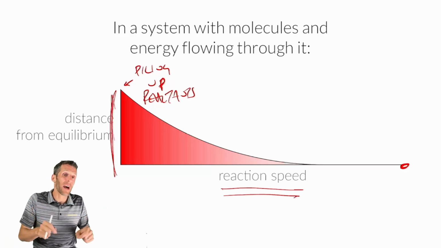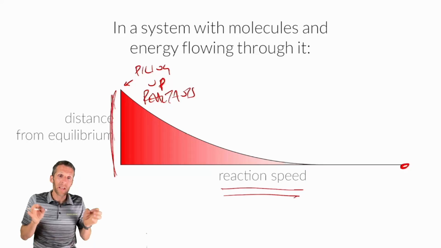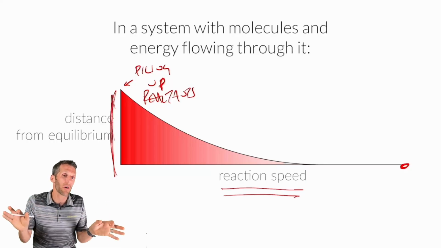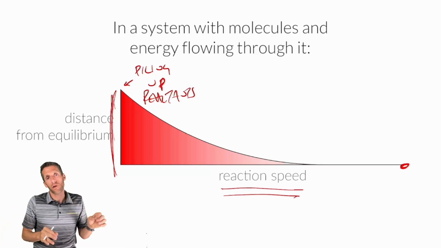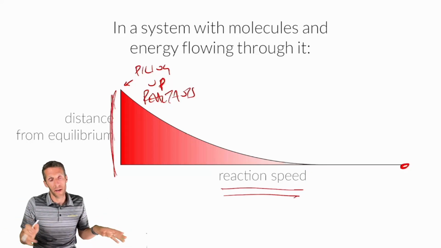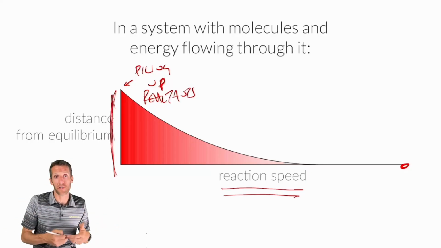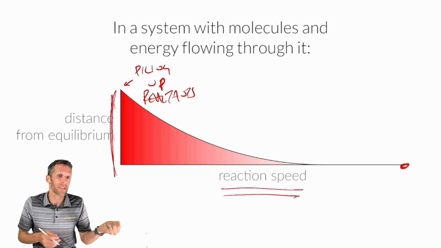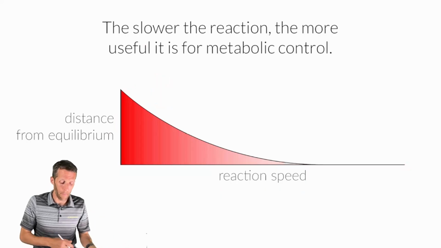Now, this, it turns out, is really important once we start thinking about metabolic control. Because as soon as you start reading about metabolic pathways, you'll see biochemistry textbooks and the internet say something like, oh, this has a delta G less than 0. That means it's a step that's good for controlling a pathway.